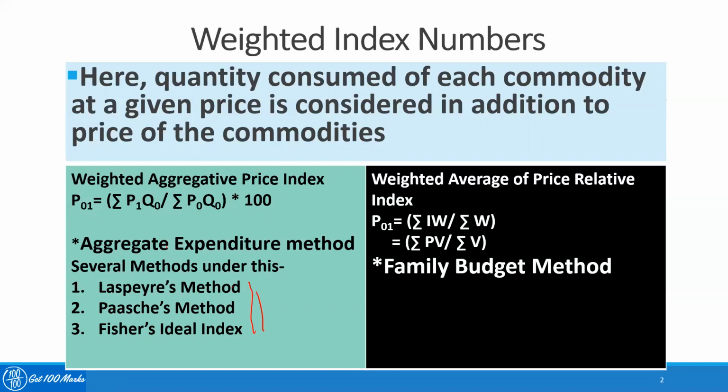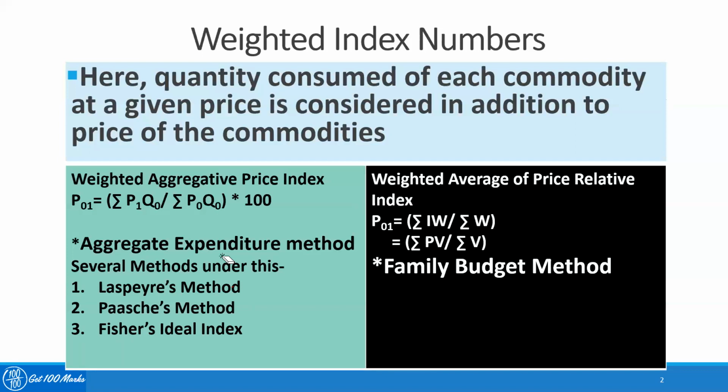Normally the aggregate expenditure method, which comes under weighted aggregative price index, has the formula summation P1 Q0 divided by summation P0 Q0 into 100. Q0 is the quantity consumed in the base year, whereas P1 is the price of the current year for each commodity and P0 is the price for the base year for each commodity.